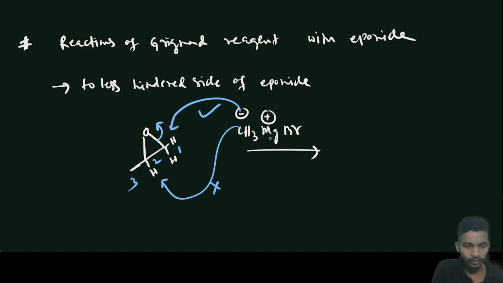It attacks carbon 1, where we have CH3, and at carbon 2 we have the oxygen with a negative charge. Whenever you get confused, just numbering it makes the reaction easier to do.